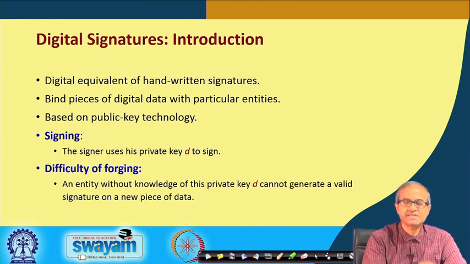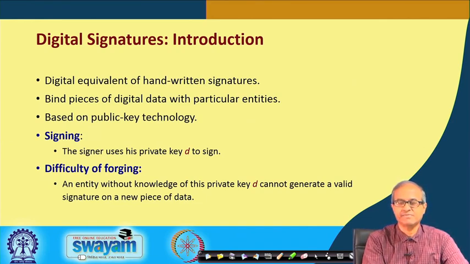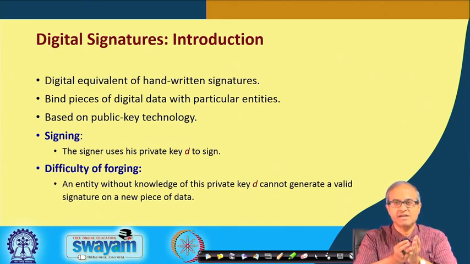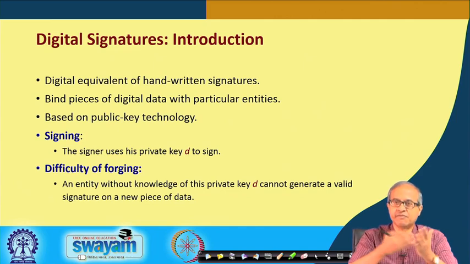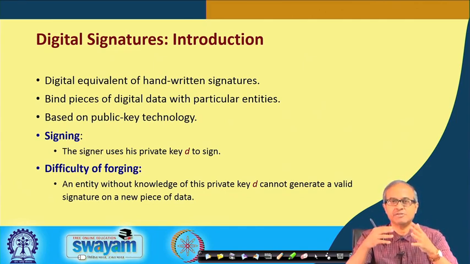Now, a digital signature is the digital equivalent of a handwritten signature. I have a message, now it is not in the form of a hard copy or printed thing, it is in the form of a file. There should be an equivalent digital process where some individual can put a digital signature.